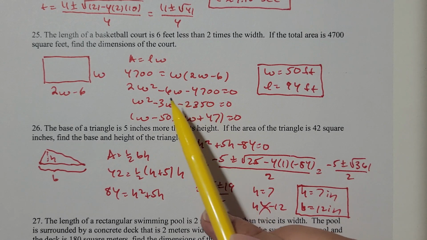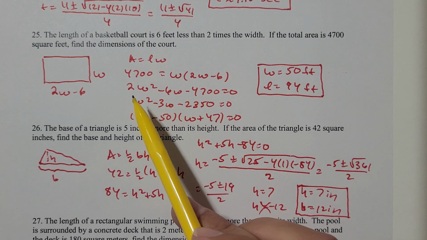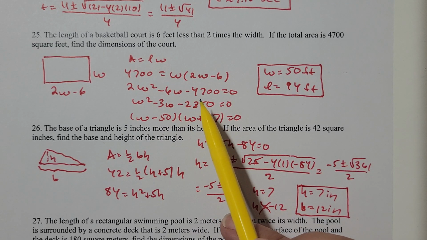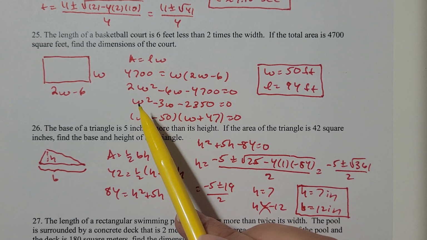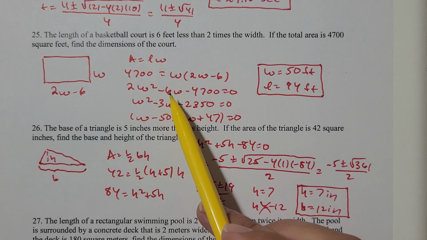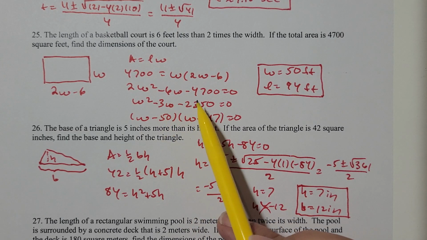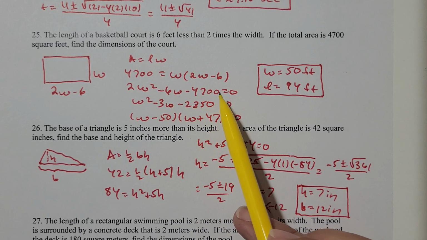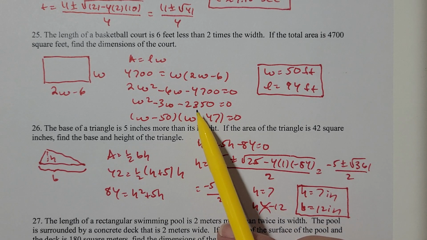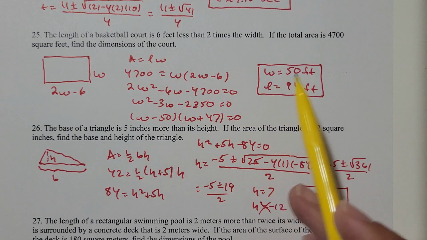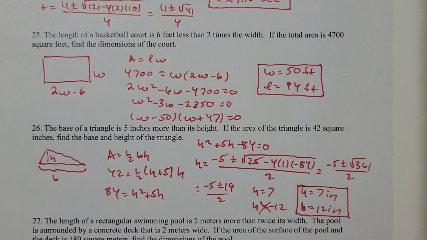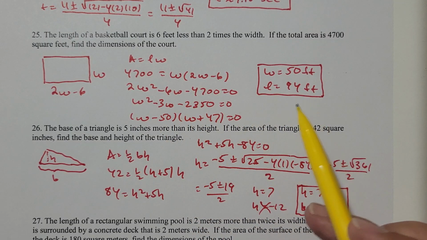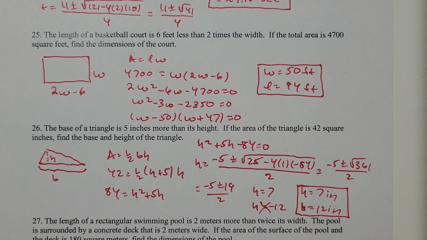All 3 of these numbers are even numbers, right? So I can divide by 2 on both sides. I'll have w squared, half of 6 is 3, so minus 3w minus half of 4,700, that'd be 2,350, all equal to 0. So this would be the equation to solve next.